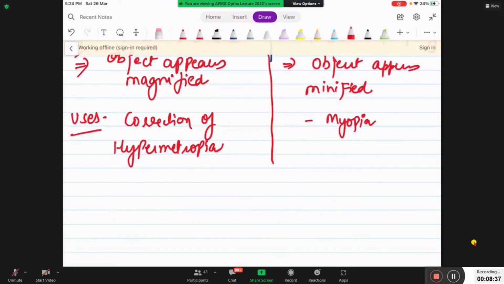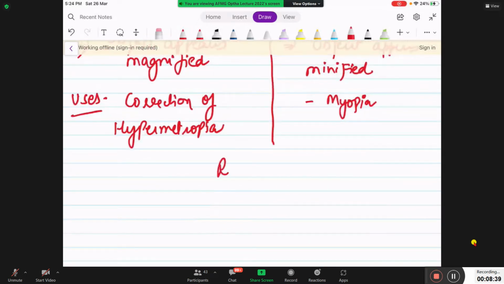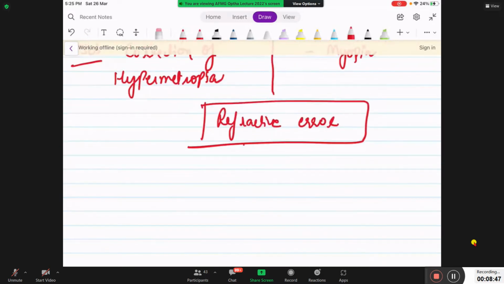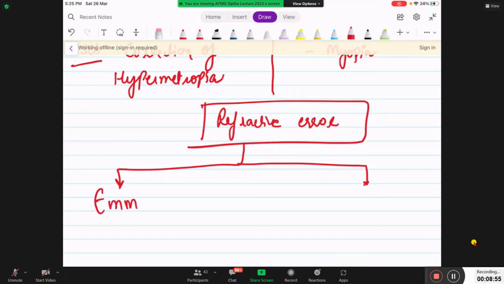Okay. Now write down the heading: refractive error. What is the classification of refractive error? How many types of refractive error are there? The one is emmetropia, which means no refractive error.